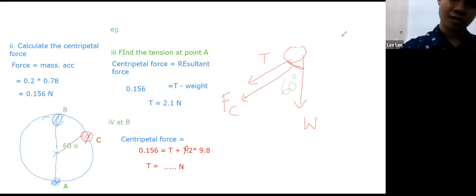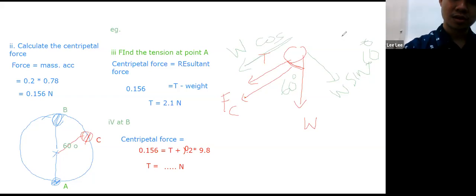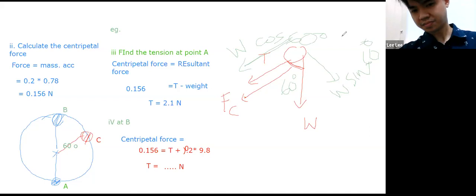Understand? So this one is W sin, right? But do we need the W sin? What component do we need? We need to decide one of them, right? Which is W sin 60 or W cos 60. Understand?